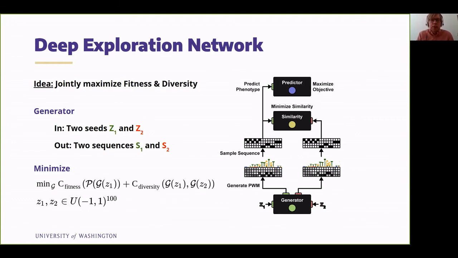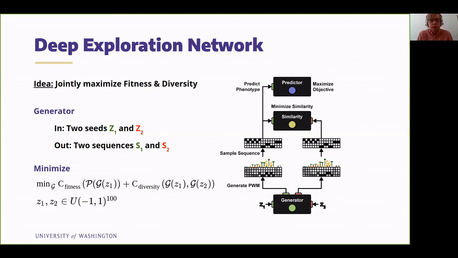Then we take these two sequence samples and also feed them into a differentiable similarity model that can score, or rather penalize, the similarity of these two sequences, allowing us to minimize a compound cost function, both the fitness cost and a diversity cost, based on all randomly sampled pairs of input seeds, trained with standard batch gradient descent.